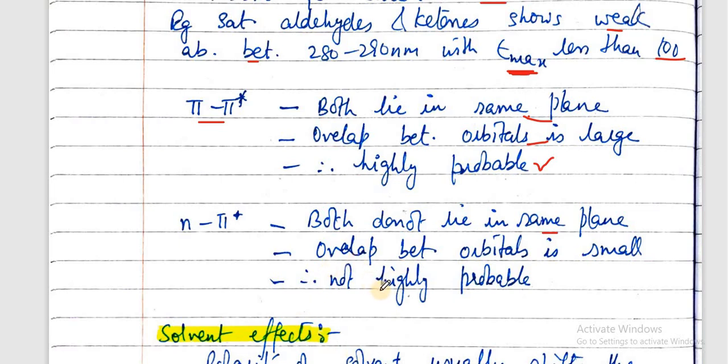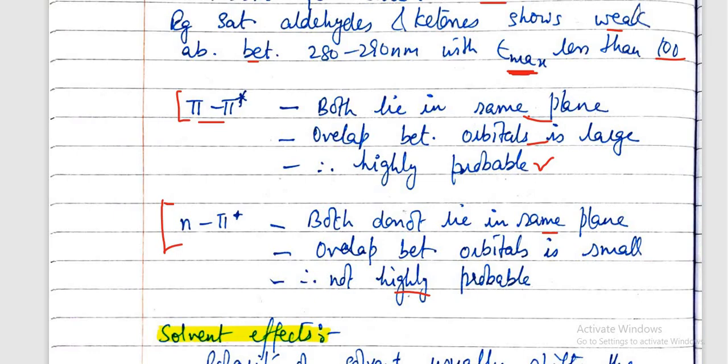So these are not highly probable and these absorptions occur at low intensities. So these pi to pi star and n to pi star transitions can be easily known by knowing their values of lambda and the value of epsilon, that is, molar extinction coefficient.